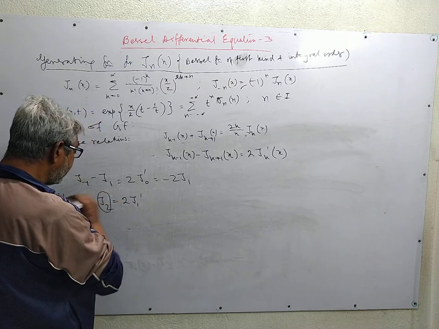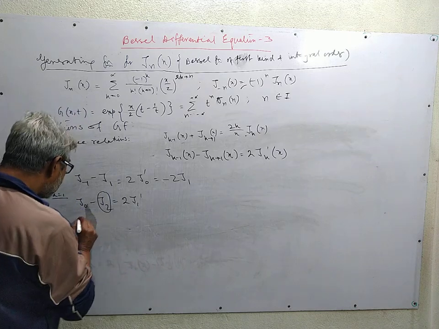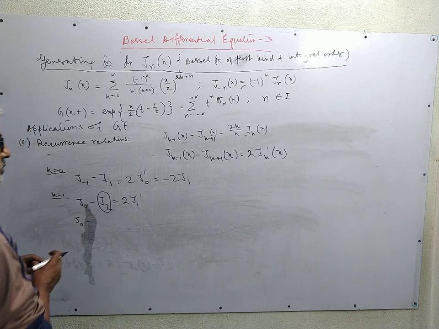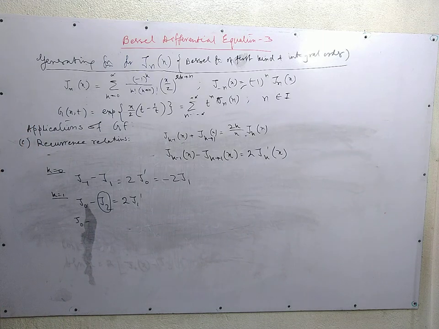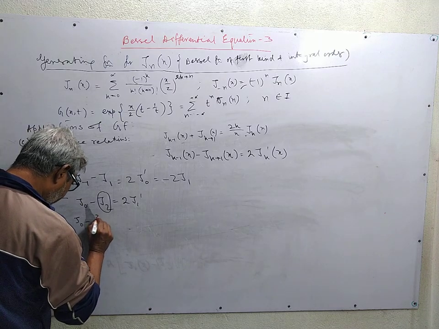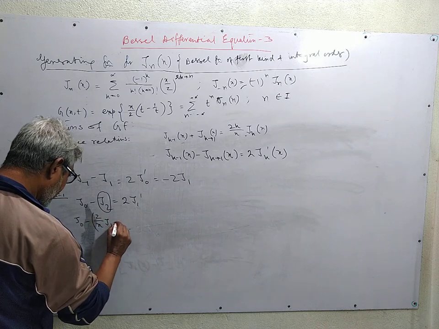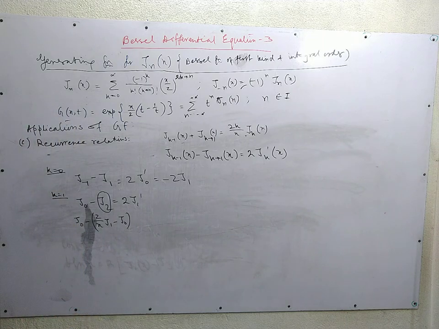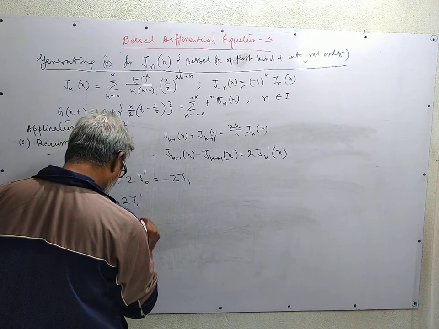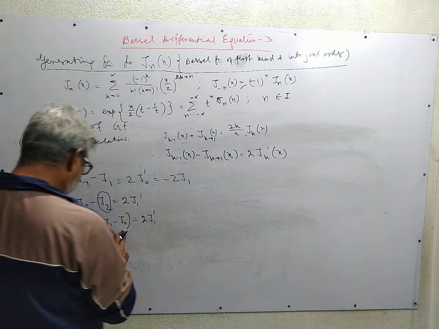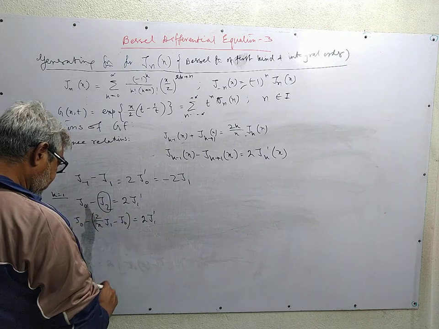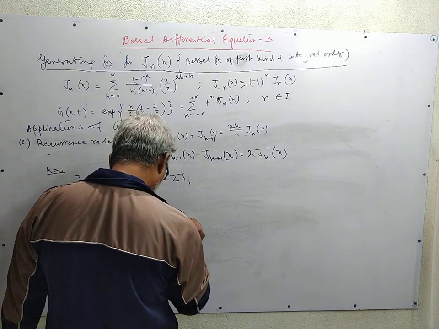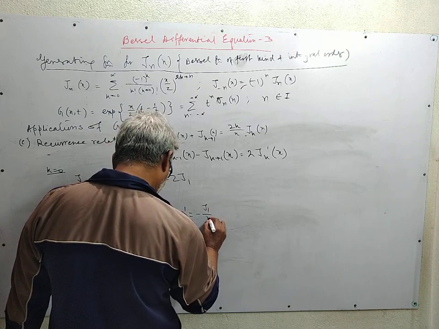We can replace J_2 in terms of J_0 and J_1, which we worked out just a little bit earlier: J_2 = (2/x) J_1 - J_0. So on the other side we have 2 J_1'. The J_0 terms cancel, the 2 cancels out, and we get J_1' = J_0 - J_1/x.